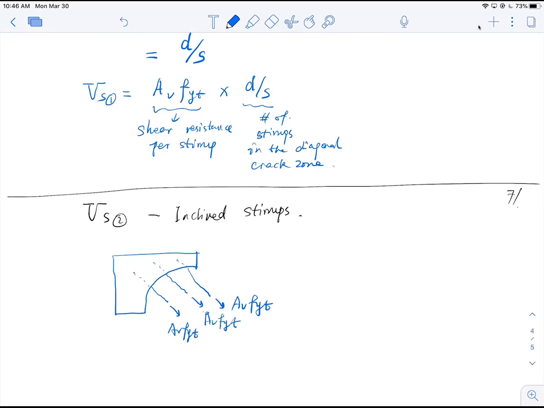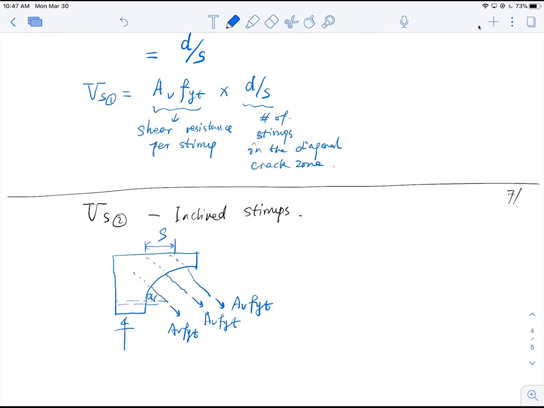The inclination angle here is defined between the stirrups and the horizontal bar, so alpha. This is the reaction force here. The spacing is still counted as the horizontal distance between the stirrups.